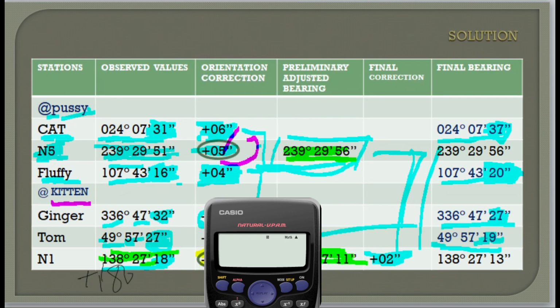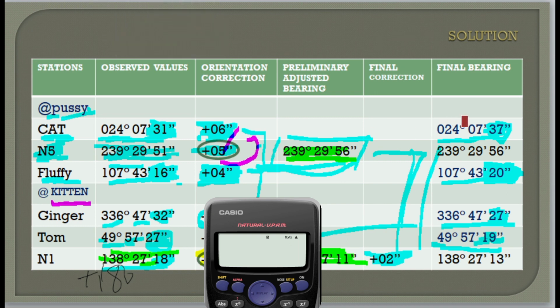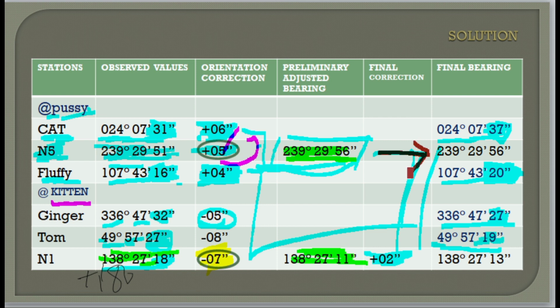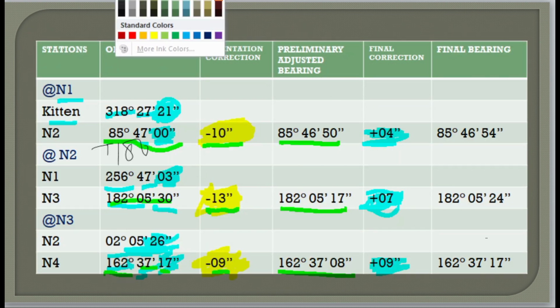Having finished that, you move to our final step of writing our values. So the final adjusted bearings, that remains the same. That was the final bearing, which was correct. Again, we take the preliminary adjusted bearing plus the final correction, and we get our final bearings of all our observed data.